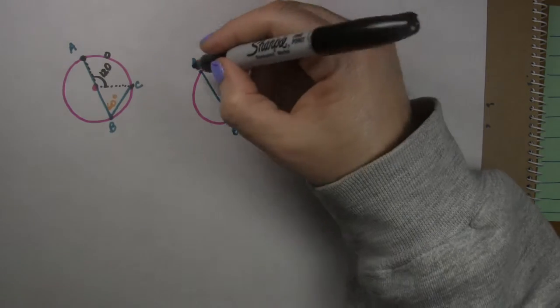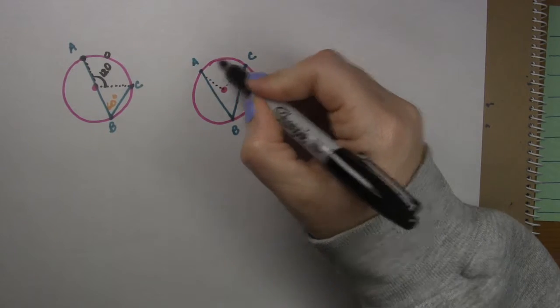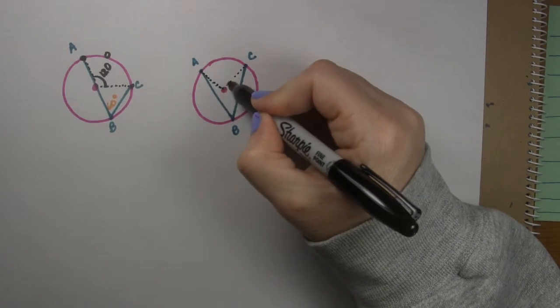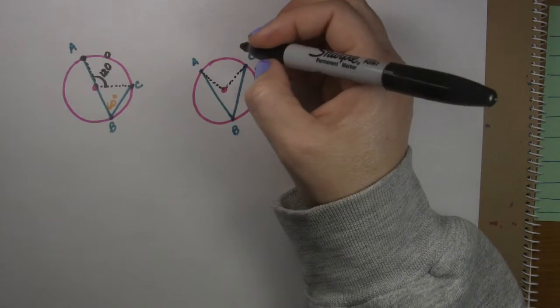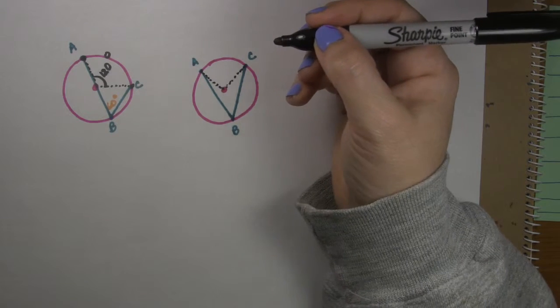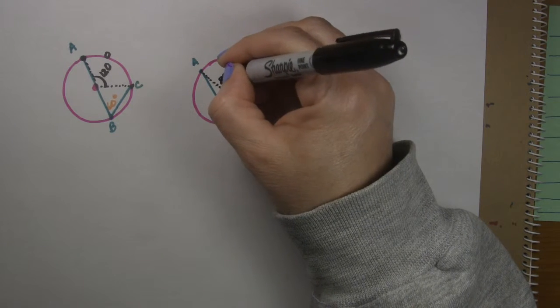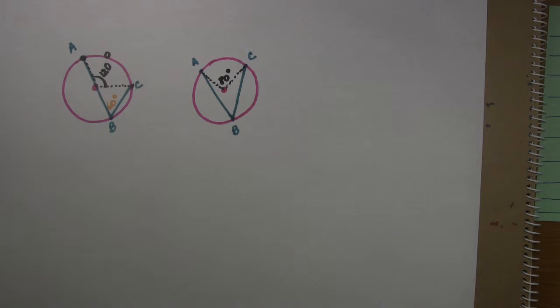Okay, so we use these 2 points to draw our intercepted angle. So let's say that we know that this is, what does that look like to you? Let's say 80 degrees. Okay, that's 80 degrees, that angle.